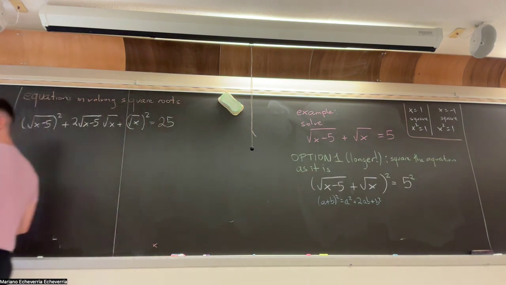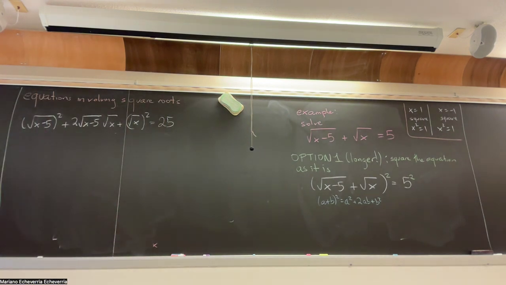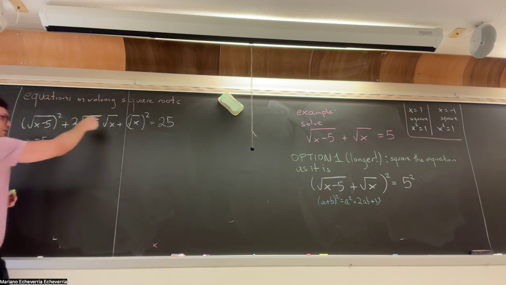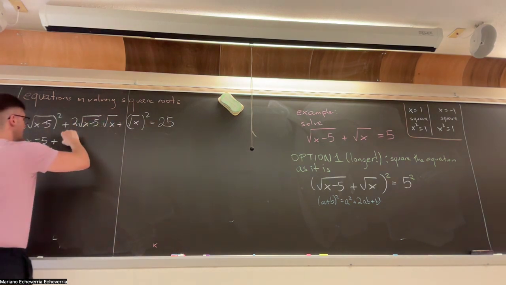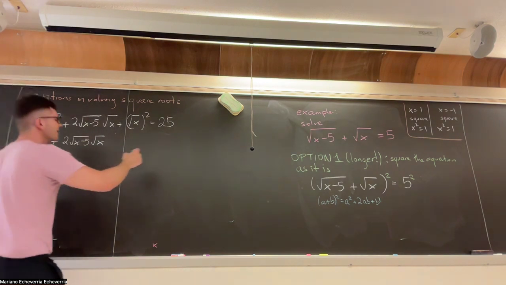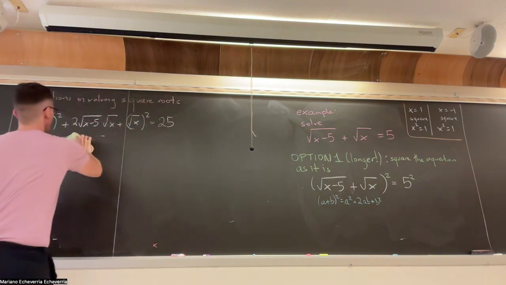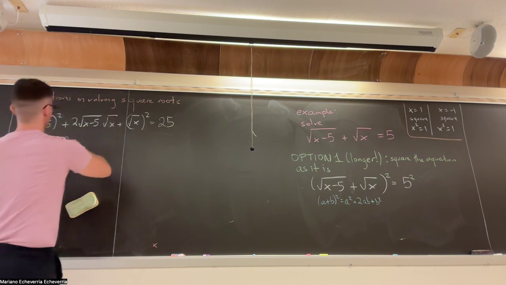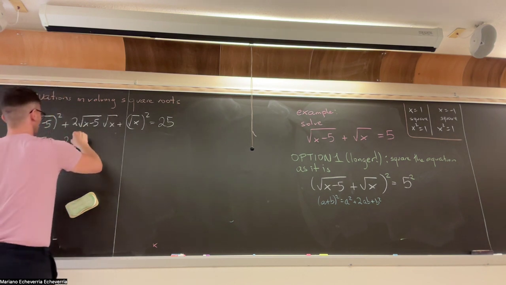Does that make sense? So what is the square root of x minus 5? This is just x minus 5. This you can leave as it is, that's fine. But if you prefer, when you have the product of two square roots, that's the square root of the product, so I'll put x minus 5 times x.